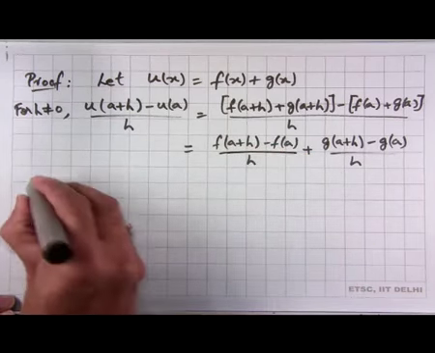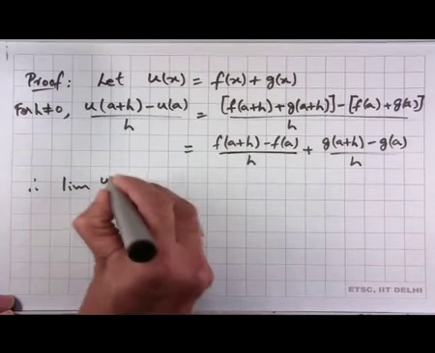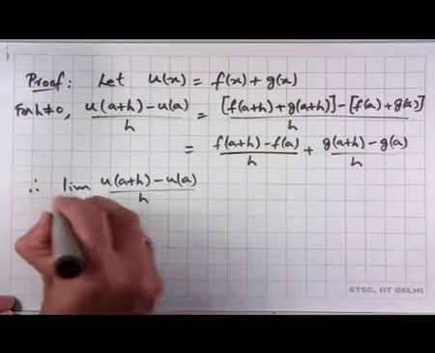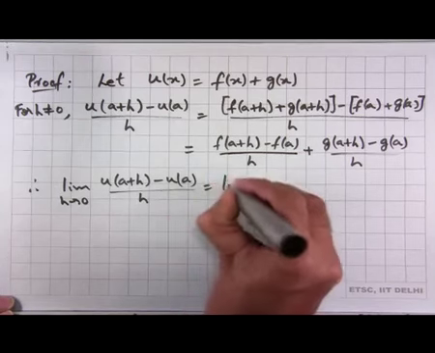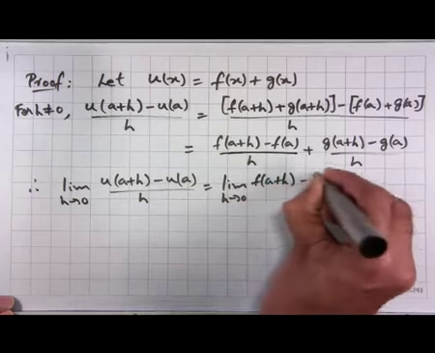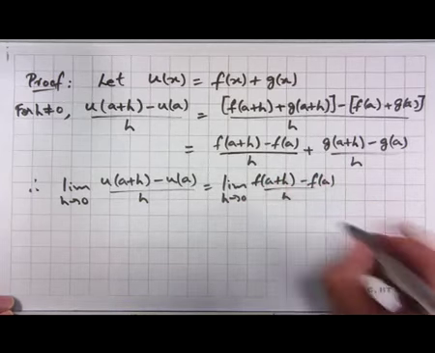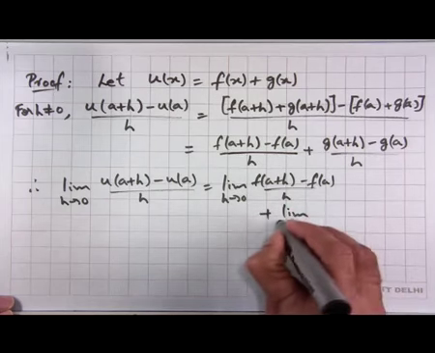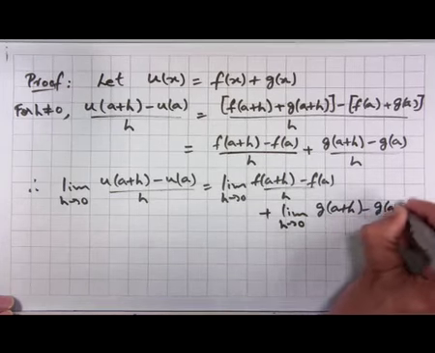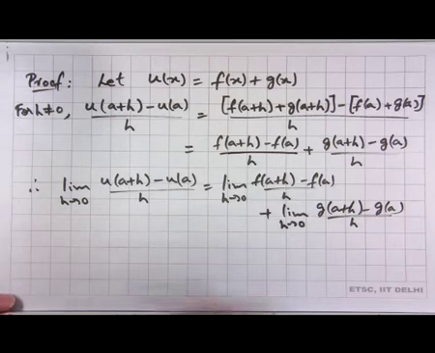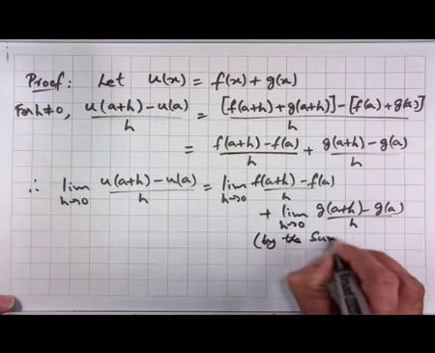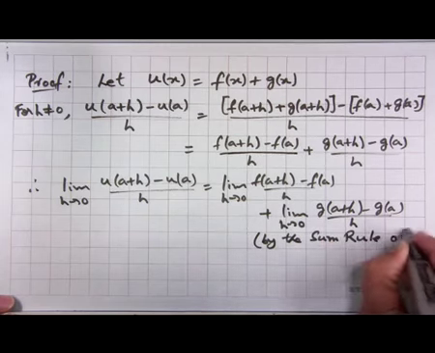So, therefore, limit of u of a plus h minus u of a by h as h goes to 0, this is equal to limit of h going to 0 of f of a plus h minus f of a by h plus limit of g of a plus h minus g of a divided by h. This is by the sum rule of limits.